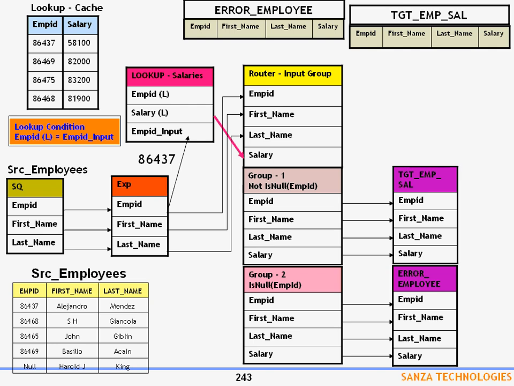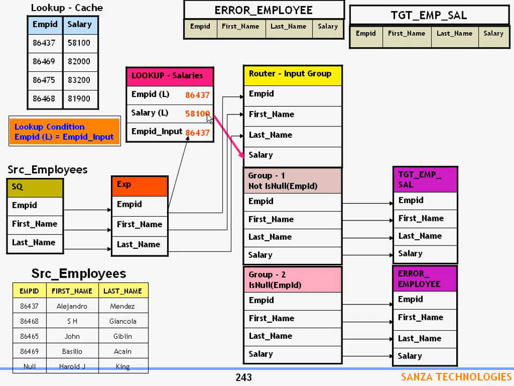Out of the expression transformation, it will scan the cache like a joiner. Detail source will come and scan the cache of the joiner. Here we scan the cache of lookup, and whichever satisfies the condition, 86437. So 86437 is coming from your lookup file to this field. 58,100 is coming from your lookup file, that is in the cache. Then this employee ID is the input to it.